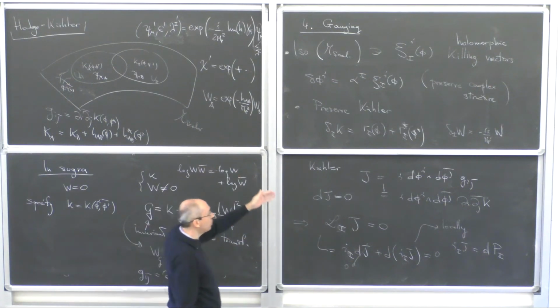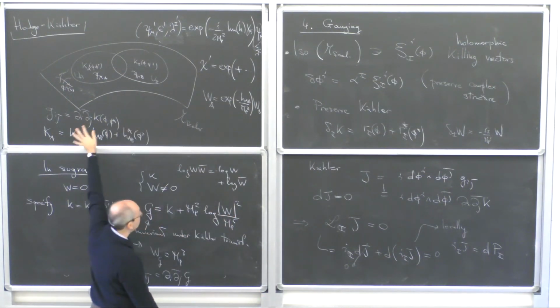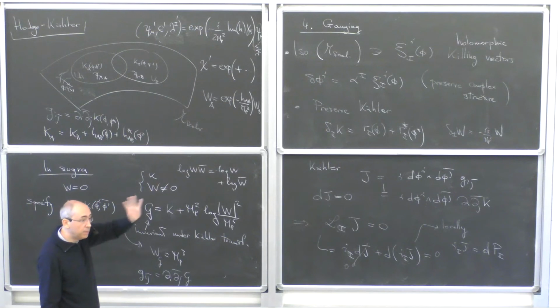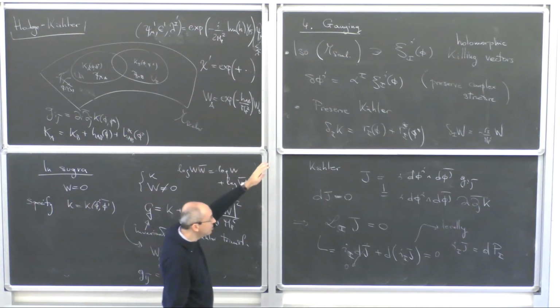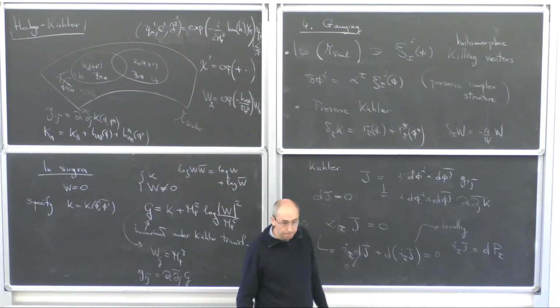But this is far more general because now I can have a very complicated manifold with isometries that are whatever they are, and I can still make everything go through.